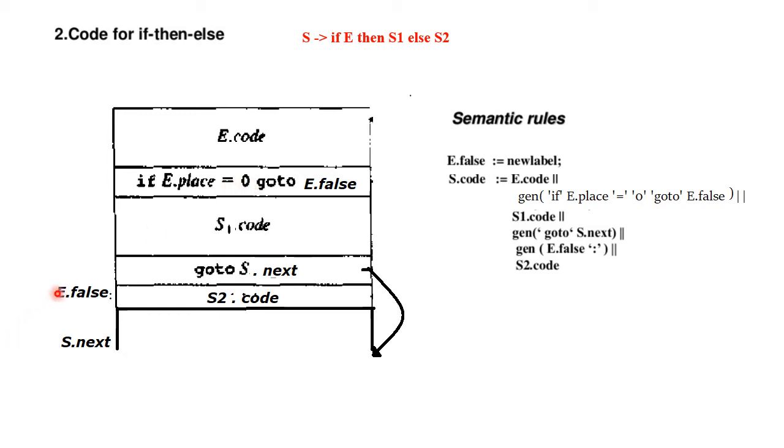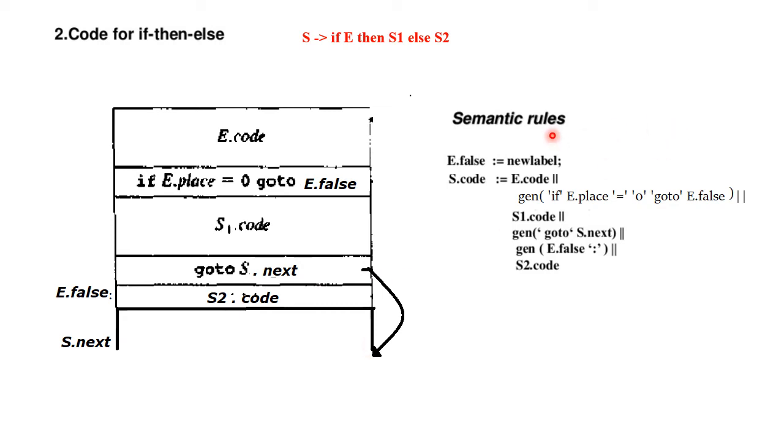Go to E.false. Then we have to execute S2. The three address code corresponding to S2 is represented by S2.code. If it is true, we have to execute S1. S1.code represents three address statements corresponding to S1. Then after executing this true part, we have to go out of this S. That is, go to S.next. We have to go out of this if statement.